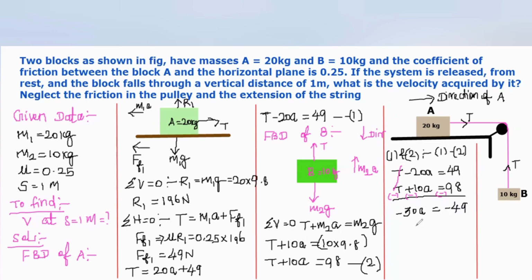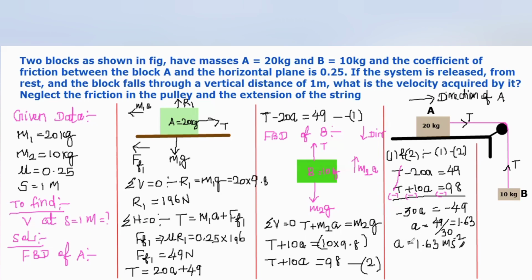So acceleration equals 49 divided by 30, so we will get 1.63. So acceleration equals 1.63 meter per second squared.